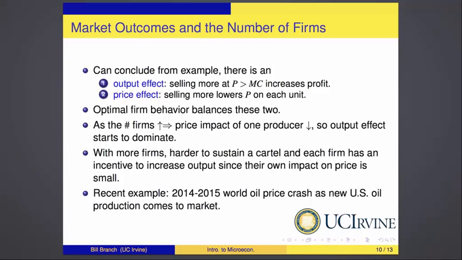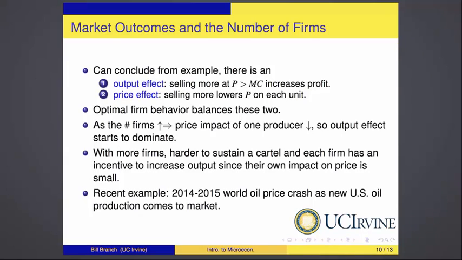And then what happened was recently, over the last few years, and it really came to a head in 2014, 2015, that all this new U.S. oil production was like an increase in the number of firms in this oil market.